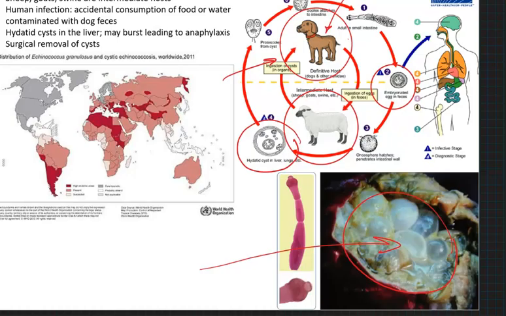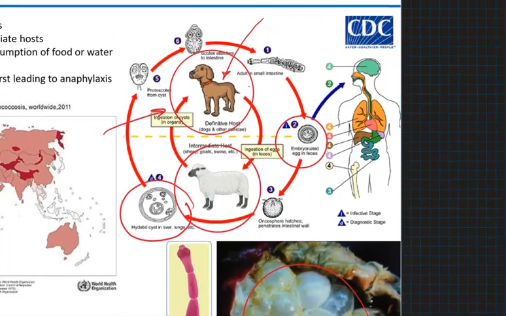So, when I said Russians love liver, any kind of liver. So how do you stop it? The transmission. You stop feeding dogs with sheep liver and dewormed animals. Okay? Now, where do humans come in the equation? Humans are accidental hosts.